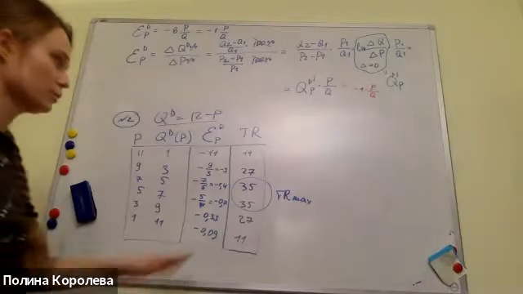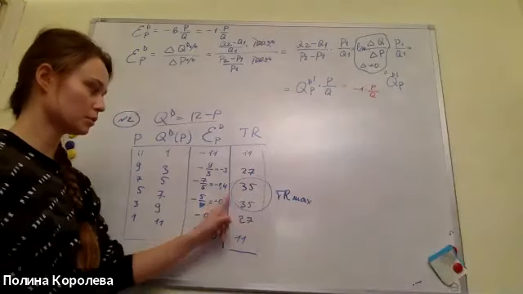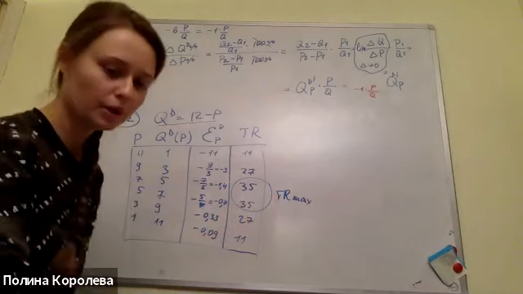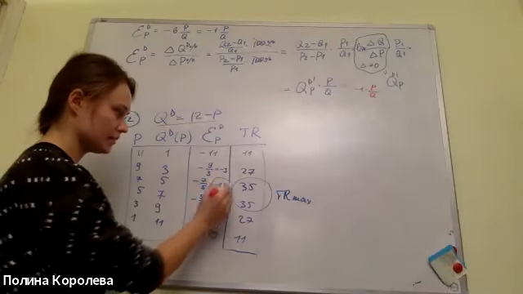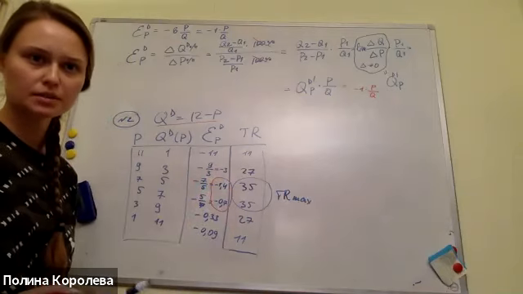Then it will be 27 for 9, for 7 and for 5 it will be 35, and it will be the maximum total revenue for this whole table. The third one is also 27, and the end is 11 again. Good. And we see that the maximal total revenue is 35 when our elasticity is very close to minus 1.